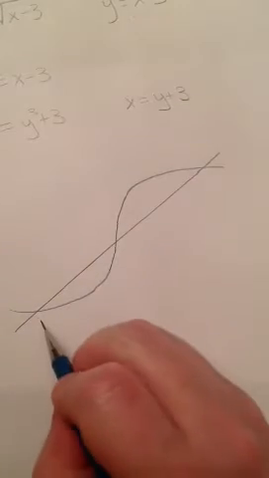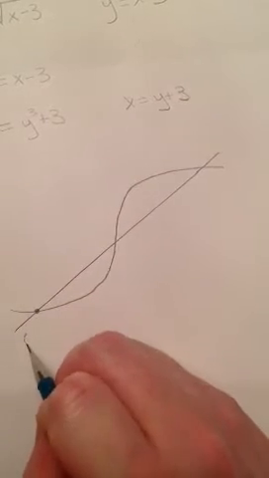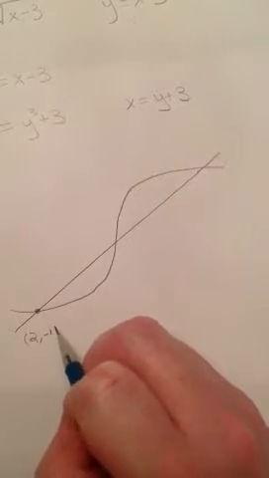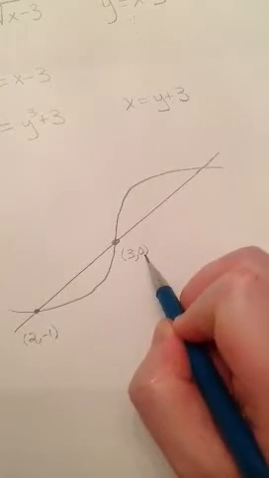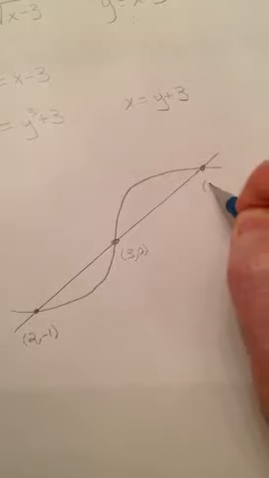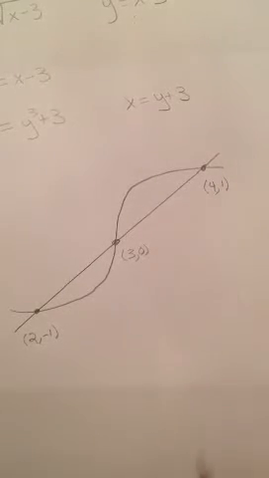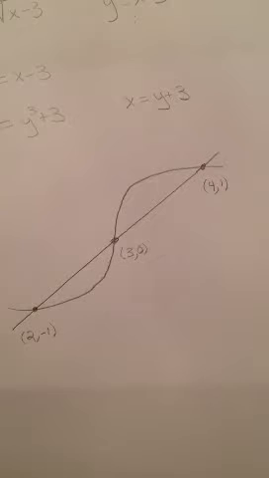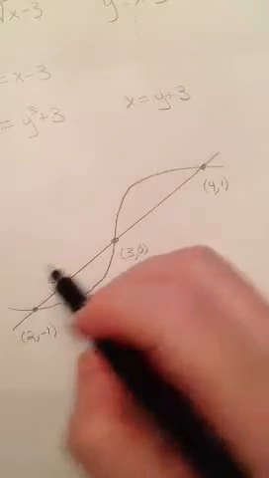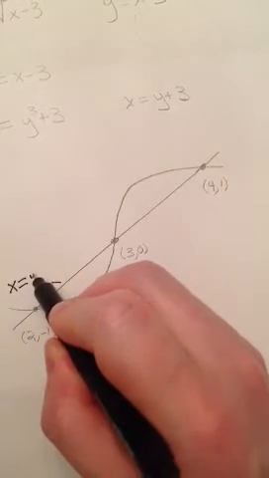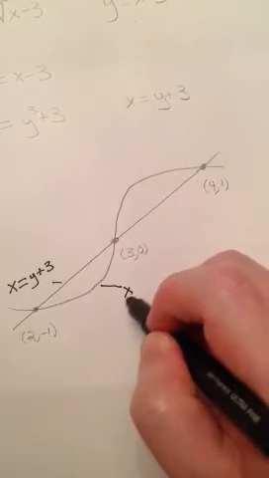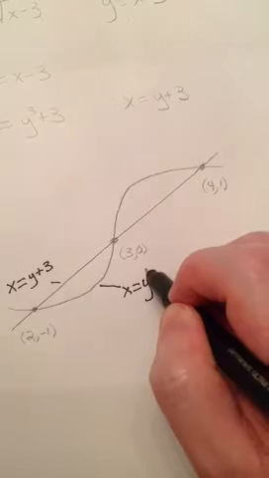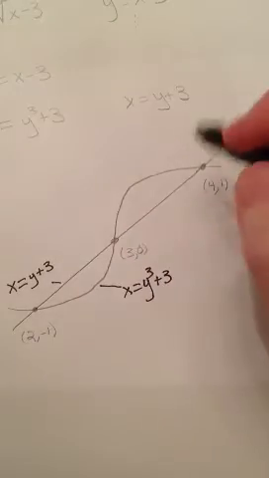So we have, once again, the points of intersection, whereupon we have (2, -1), (3, 0), and (4, 1), and lining up what we have. Once again we have the linear function x is equal to y plus 3, and with the curve this time we have x is equal to y to the third plus 3.